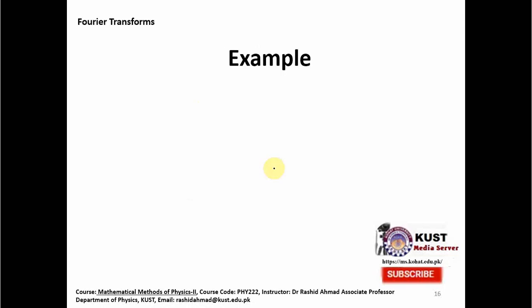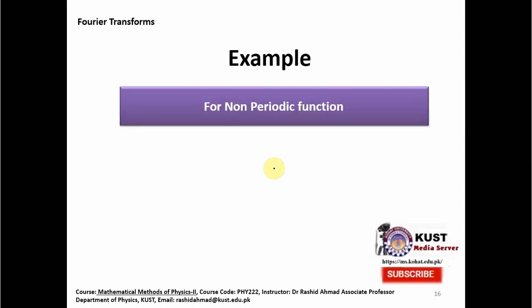Now it's time to give you a quick example for the Fourier transforms. In this example we are taking a non-periodic function, and this is its sketch, and it is non-periodic and continuous. You can think of it physically just like an impulse. For example, if a ball hits the bat and there is a short impulsive force applied, or you can think of a surge of current into a circuit.